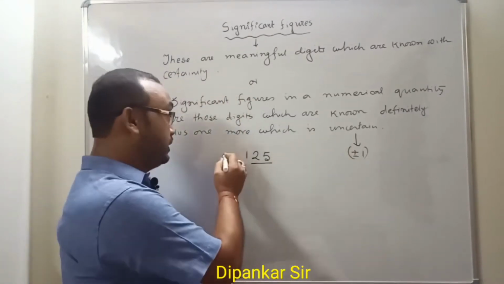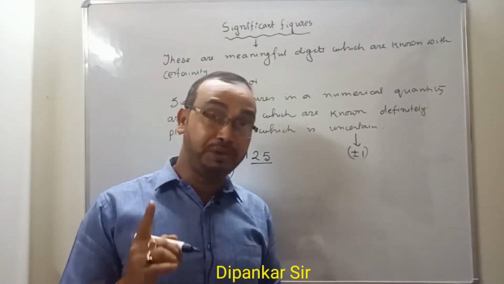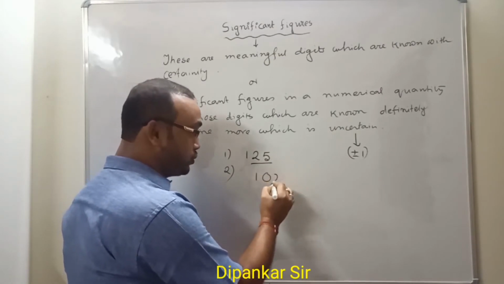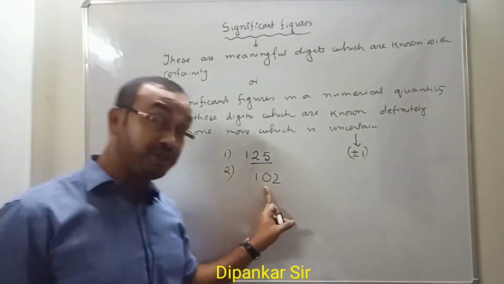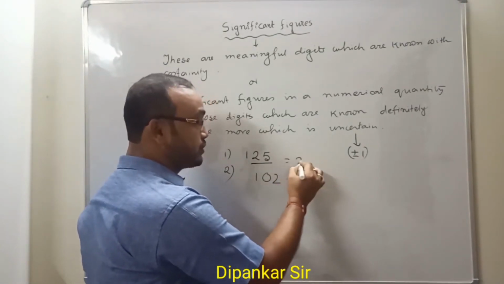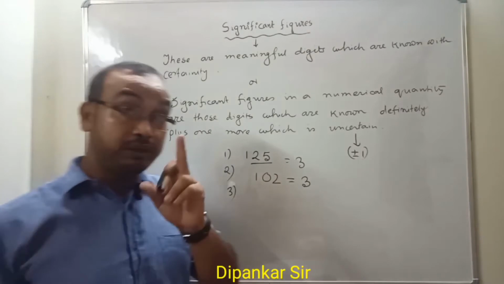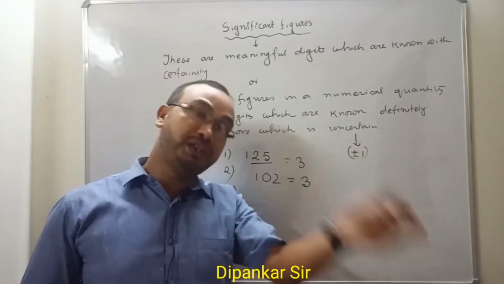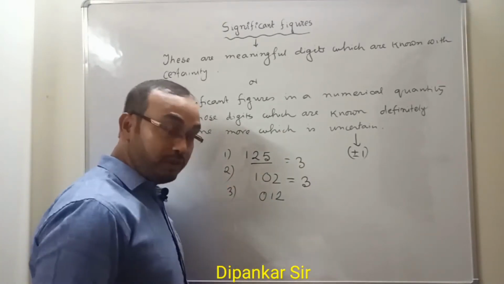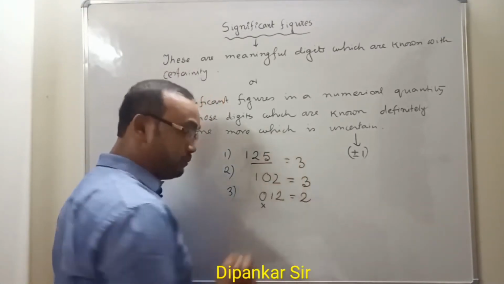Number 2: if a 0 is present between two non-zero digits, like 1, 0, 2, then this 0 is significant. Here the number of significant figures is 3. Number 3: if 0 is present before any non-zero digit, say 0, 1, 2, then this 0 is not significant. Here the significant figures are 2.